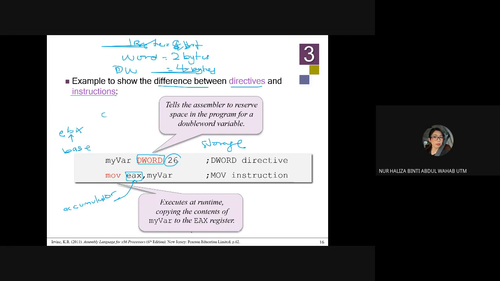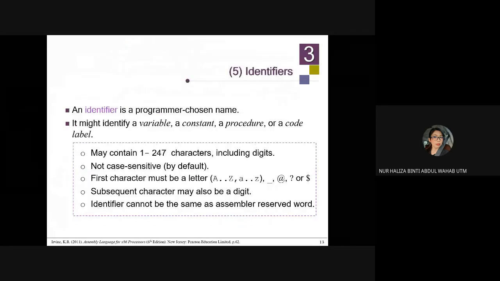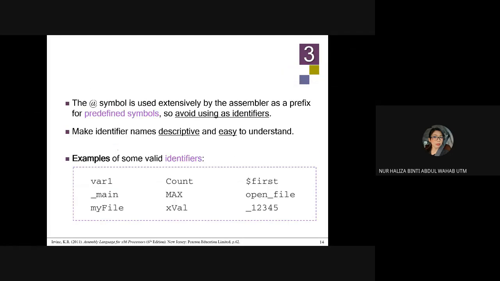And then you're going to have ECX. C is for your count register. And then you have another one, D, for your data register. So these are all the types of registers. Later on, you will see when you play around with your Visual Studio. And you're going to have accumulator high, accumulator low, base high, base low, counter high, counter low.